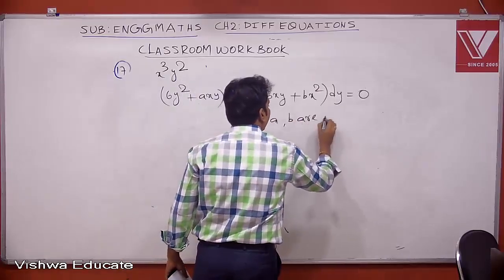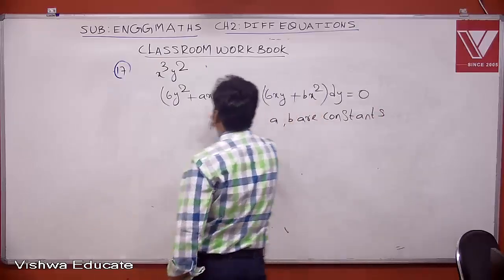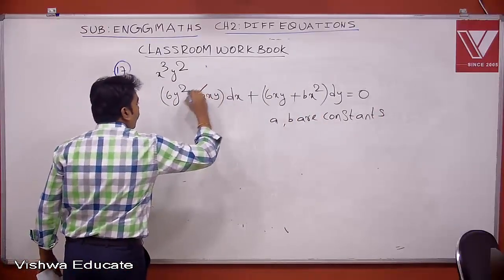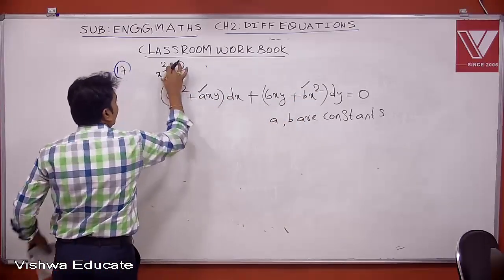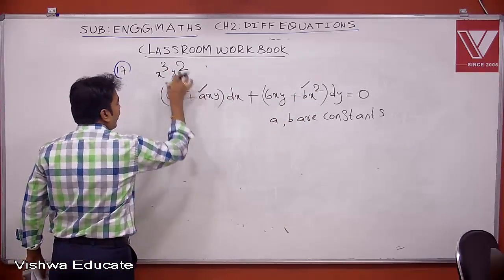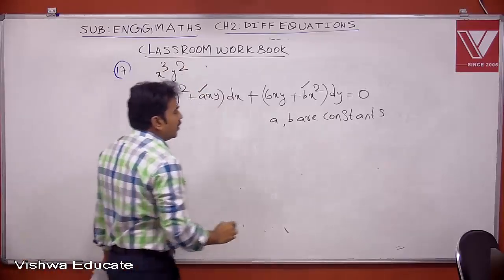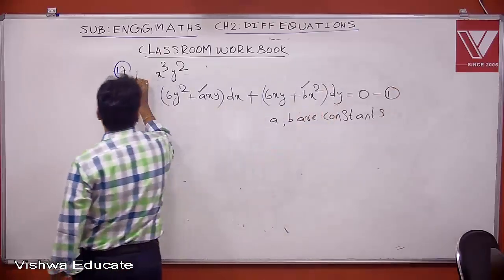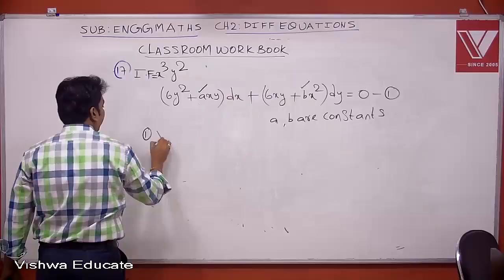This is very clear. Whenever x cube into y square is an integrating factor of this equation, what is the relation between constant a and constant b? Since it is an integrating factor of this equation, when you multiply this equation by it, it becomes an exact equation. Now I call this equation 1. This is my integrating factor IF. So multiply this equation with IF.